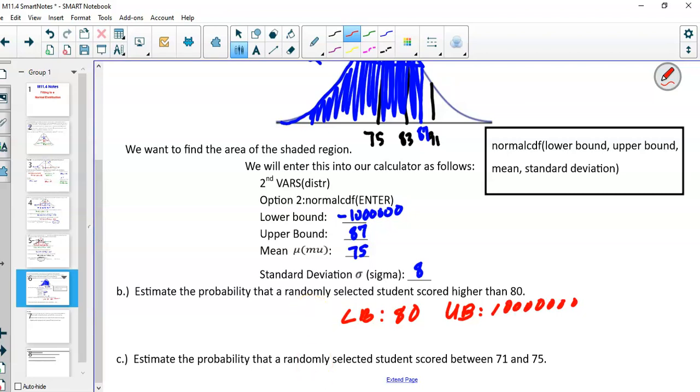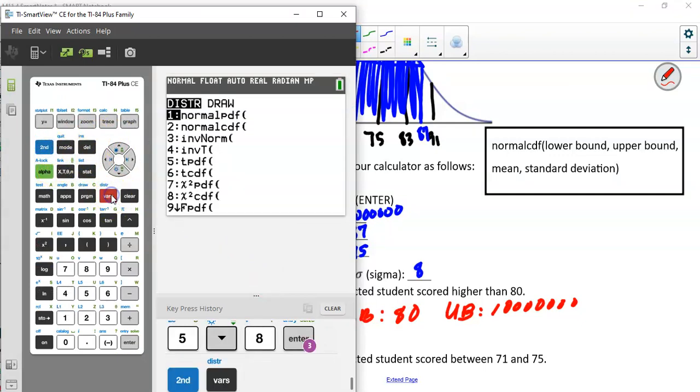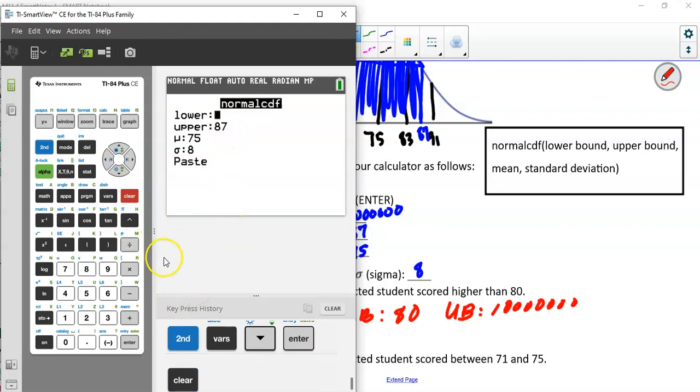So we're going to go back over here to our TI-84. We're going to go to second vars, our normal distribution here, and click enter. Now the good thing is we don't have to change anything except lower and upper, right? So we're going to clear this number and put 80 for our lower bound. And then for our upper bound, we're going to put a really big number, so we're going to put our 1 million, or just some really big number.